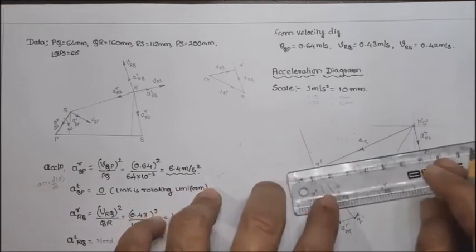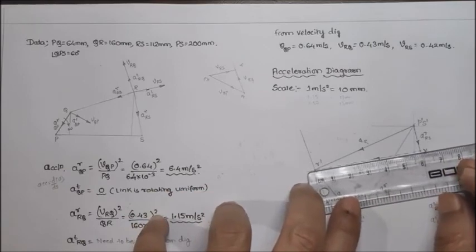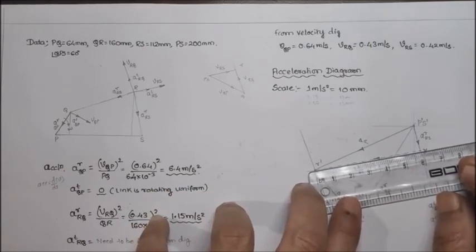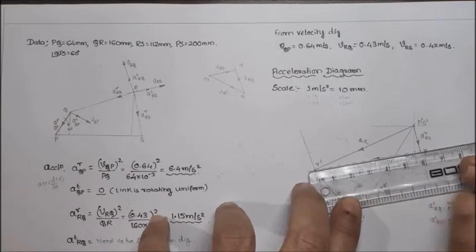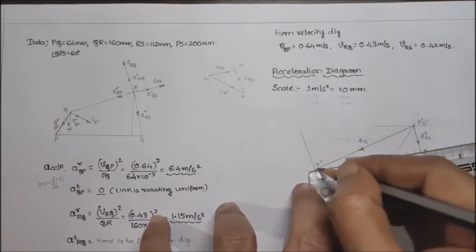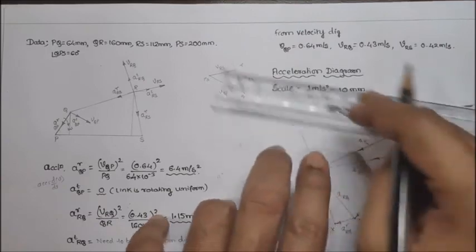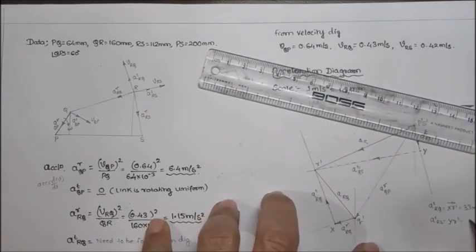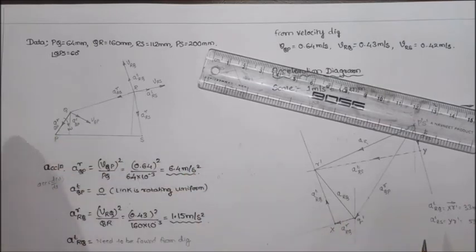And from y to R dash it is equal to 59 mm. So I had told you we need to find this from the diagram.